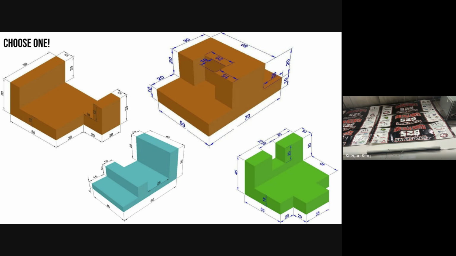So here's the one thing that OnShape has. You can't directly parameterize it because it's on the dimension.